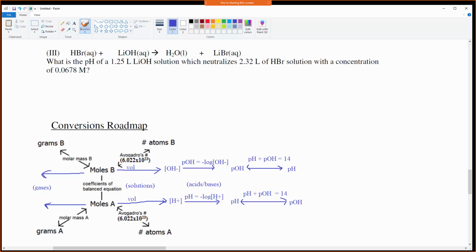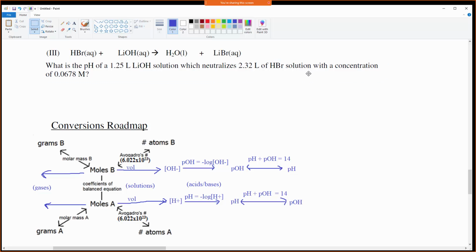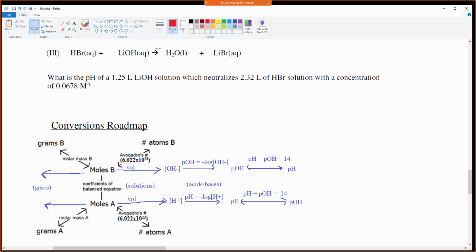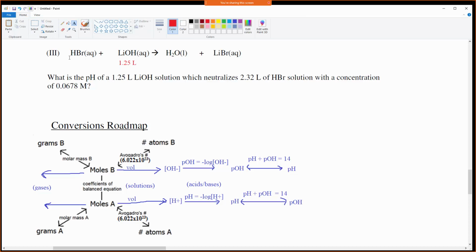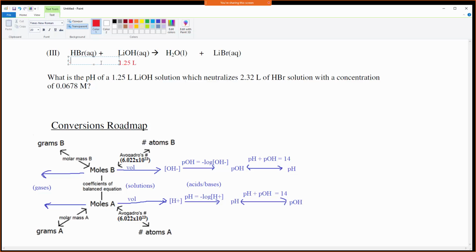Okay, so let's orient ourselves. Always a good idea. Pull this down. We've got 1.25 liters of lithium hydroxide. We've got 2.32 liters of HBr.